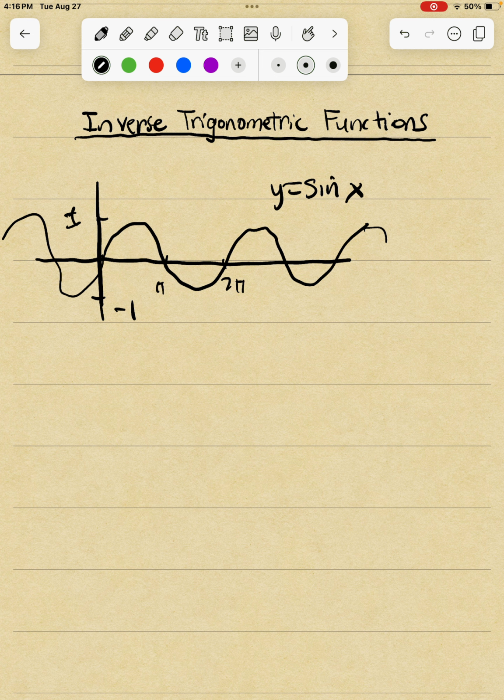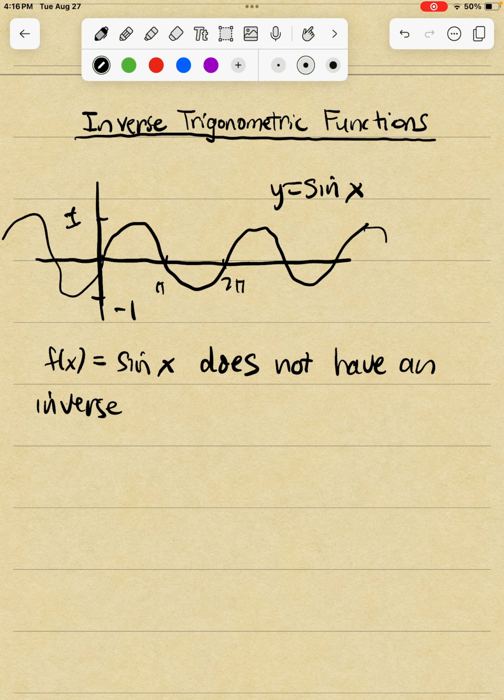This function, f of x equals sine x, does not have an inverse function, because there are multiple values of x that give the same value of y. And whenever you have that, you can't have an inverse.